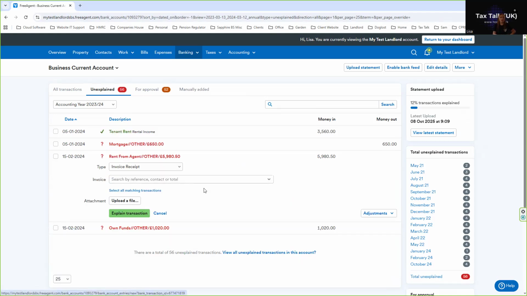Let's say, though, for example, that you use an agent to manage your properties and they make a deduction for their commission, for their fees. It's really important, especially now with MTD and it being important to know the total income, that that is separated out. Historically you may have taken the money you've received from your agent as the total rental income.